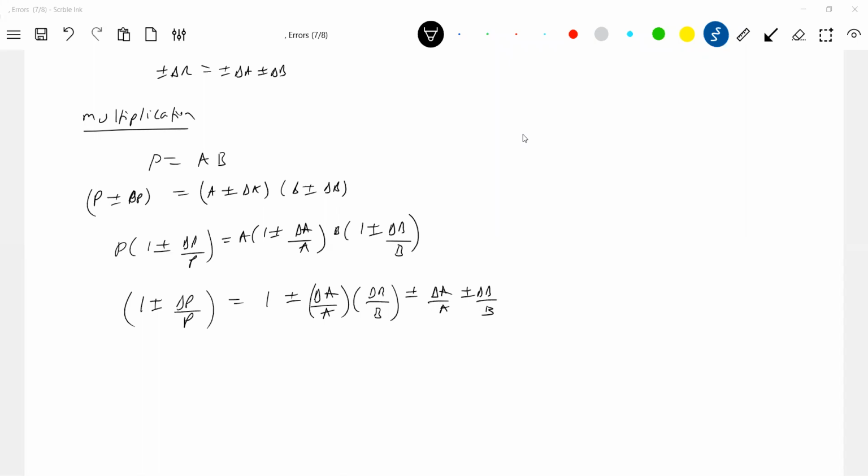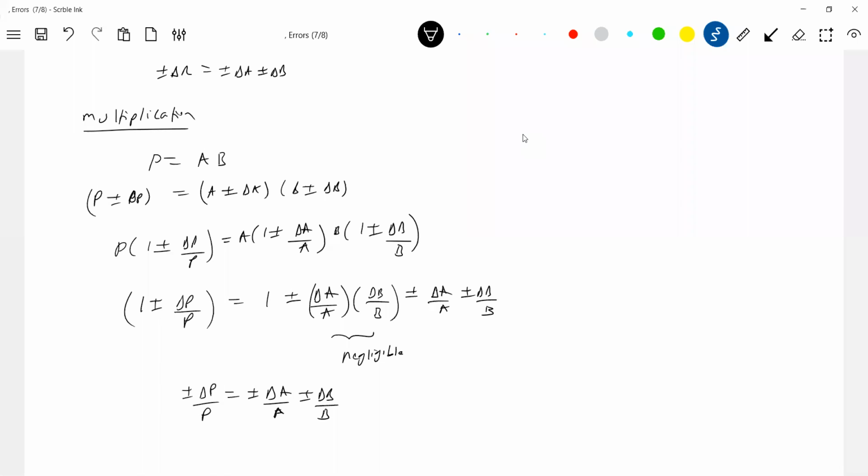Delta A and delta B are small, so the product of two small quantities will become negligible. So therefore, what do I get? When you take product of two quantities, the relative errors are additive, but absolute errors are not additive.